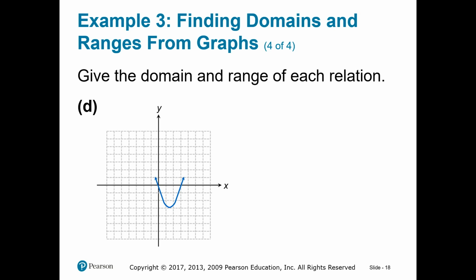What about this one? What will be the domain and what will be the range? Do you know that? Yes, you see the arrows here on the left and right.